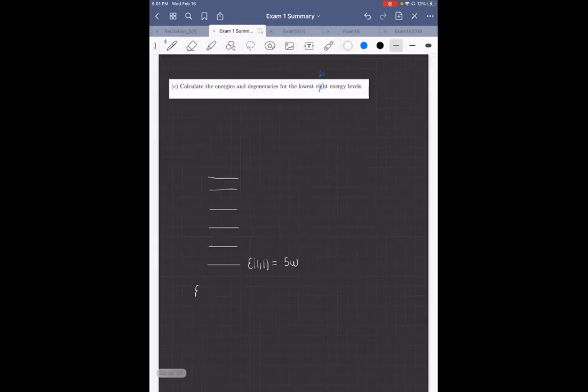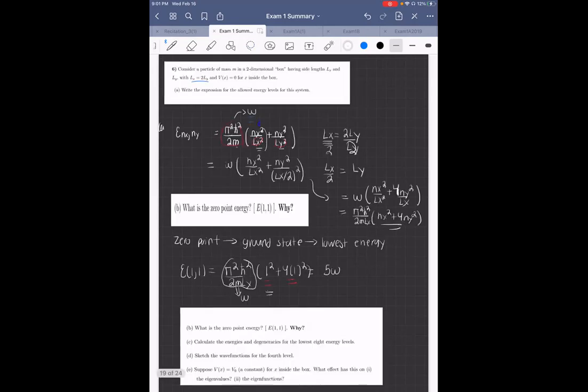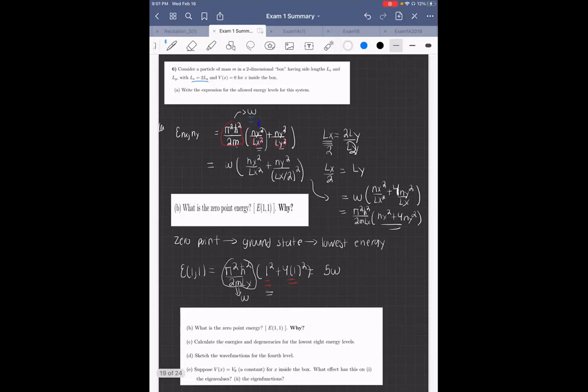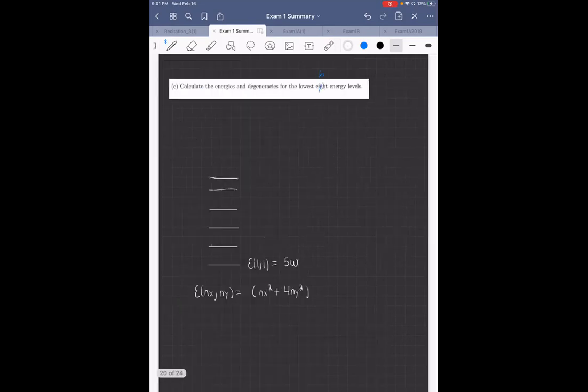So E of nx, ny. I'm going to put everything into a variable called W, so I don't have to worry about writing the term. It equals nx squared plus 4 ny squared, times W. So what you're going to do for the energy levels is increase the one that's not multiplied by a whole number integer by 1, because if I do, I'm going to get something that's next and lowest.